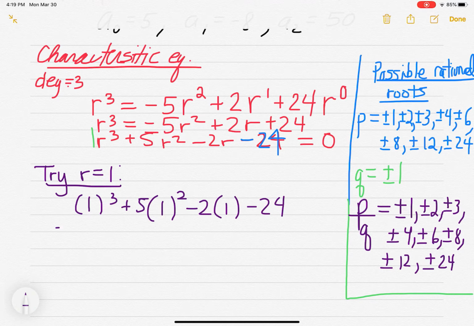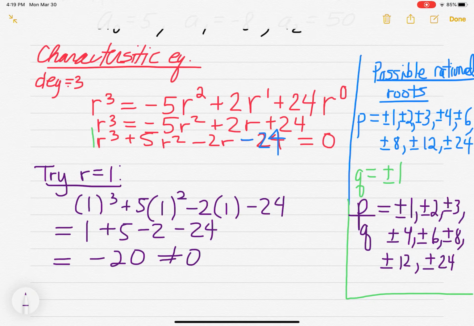Do we get 0 is the question. So we got 1 plus 5 minus 2 minus 24. That's equal to what? 6 minus 2 is 4. We got 4 minus 24, minus 20. So this is not 0. So r equals 1 is not a root. So maybe try something else.